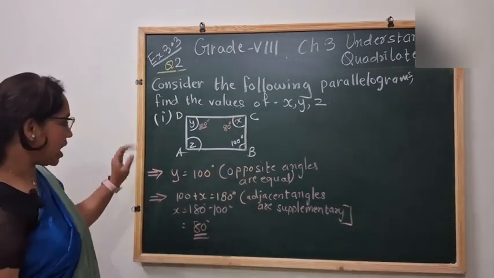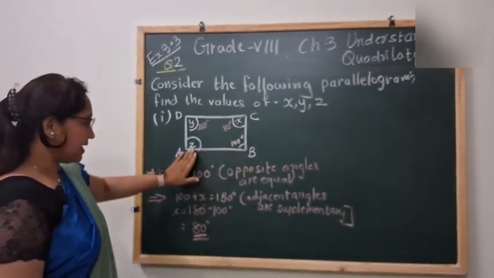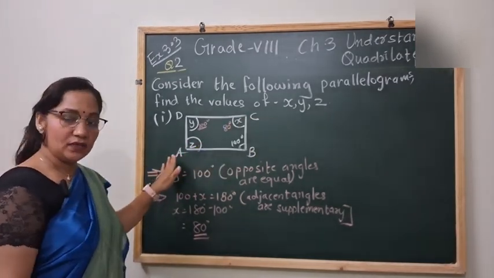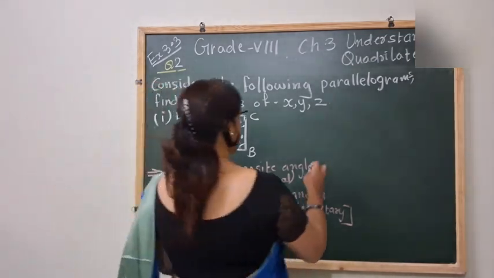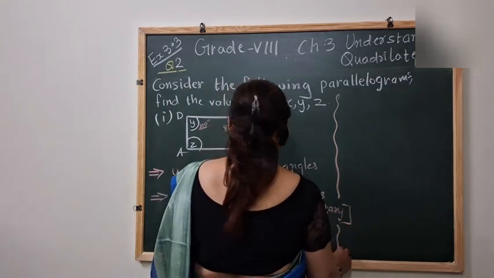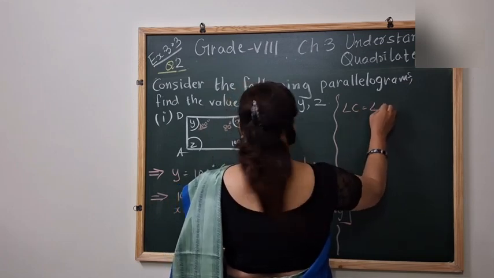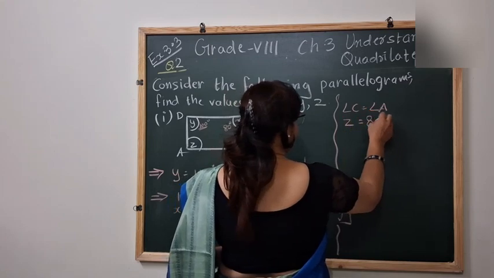Yes, we got this. Now we have to find z. Again very simple. X and z. That means angle C and angle A, they are opposite angles and they are equal. So can I say z is also 80 degrees? Very simple. So angle C is equal to angle A. So z is equal to 80 degrees.